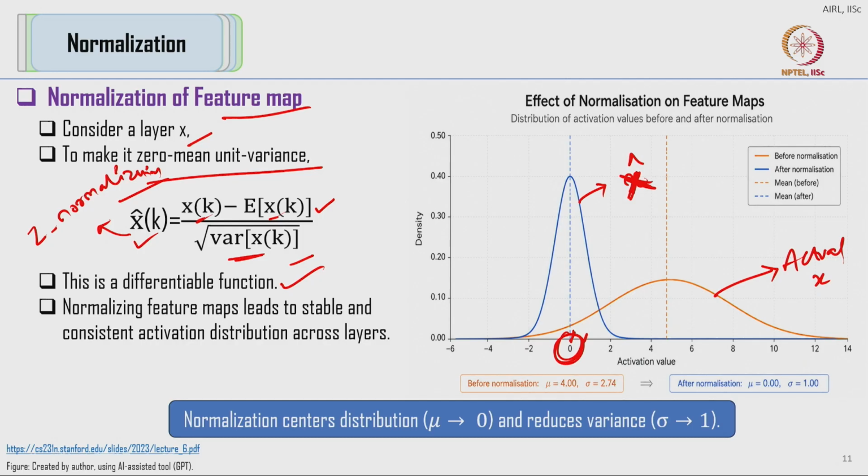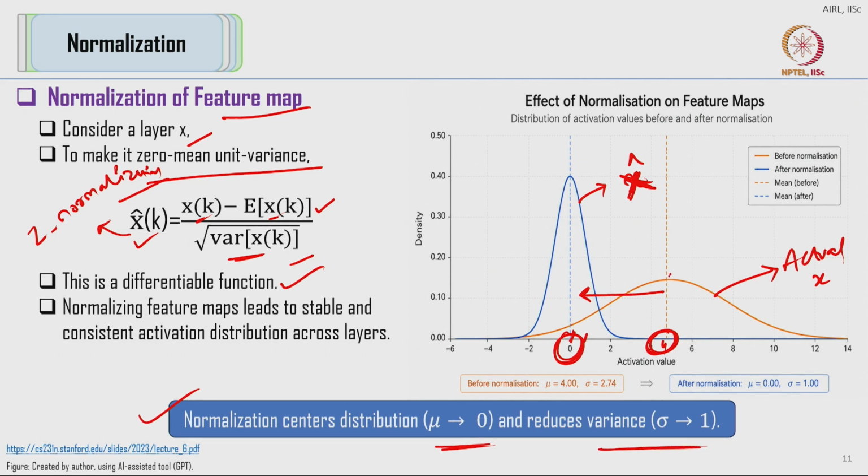One way to look at it is that it has been shifted to a different mean. Earlier the mean was somewhere here, close to 4. Now the mean has become 0, which is what we want. So the effect of normalization is that it centers the distribution around 0 and reduces the variance to 1.